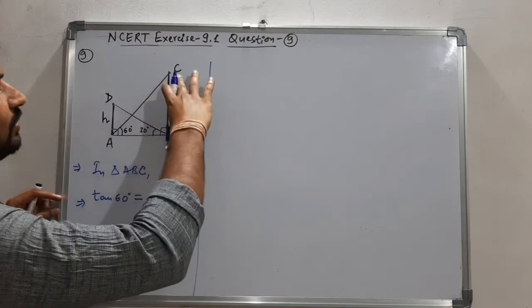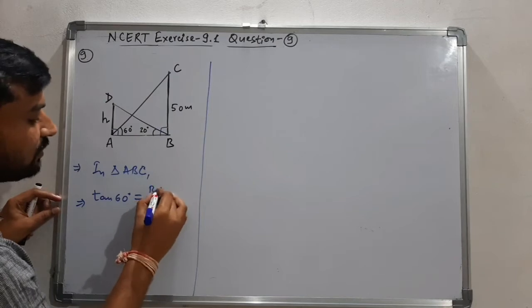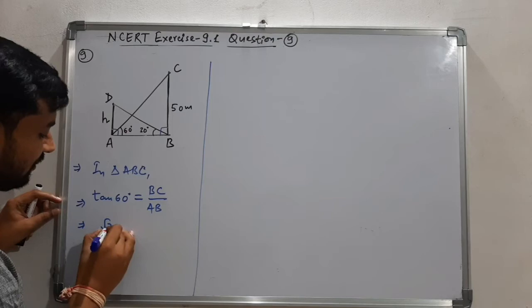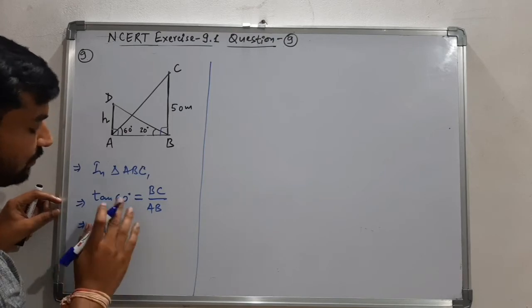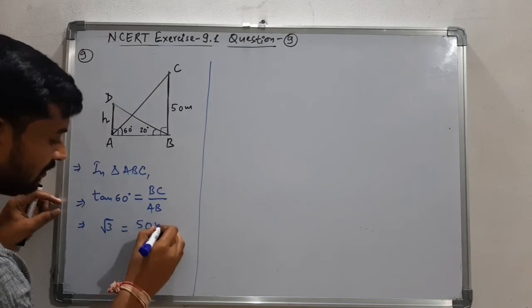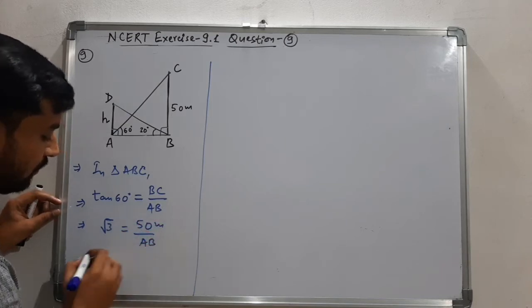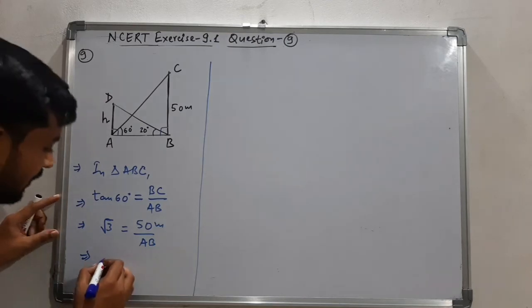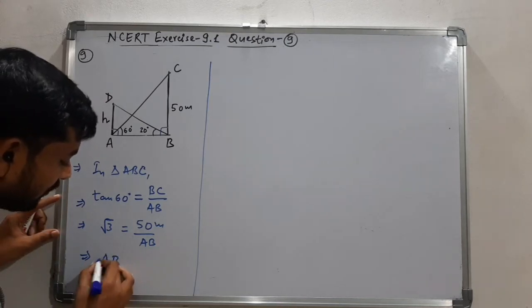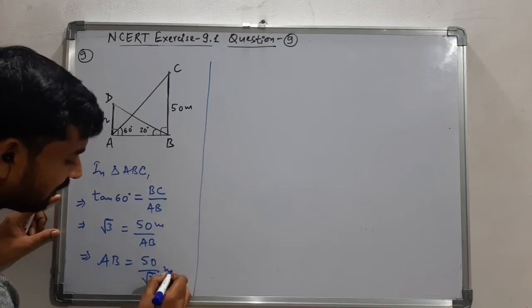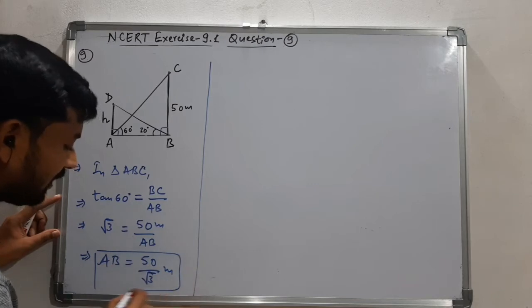This will be perpendicular upon base. Perpendicular is BC and the base is AB. The value of tan 60 is root 3 and BC here is 50 meters upon AB. So from here, if we cross multiply and simplify this, we will be getting 50 by root 3 as the value of AB.